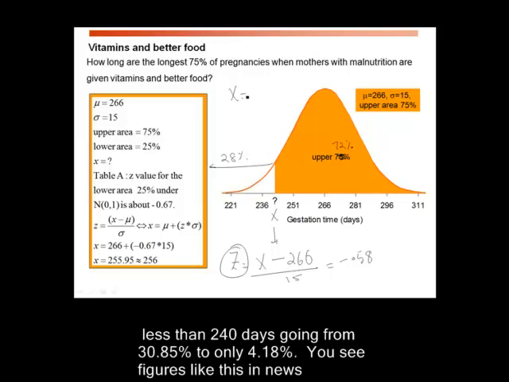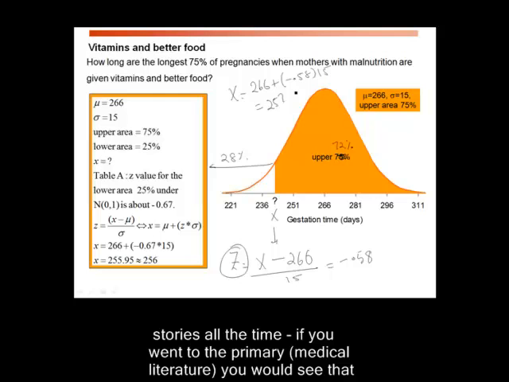Okay. So can you calculate x? So would you agree that x is 266 plus negative 0.58 times 15? You get a smaller value than 266. I got 237.3. You can't be 250. You guys are all messing me up.